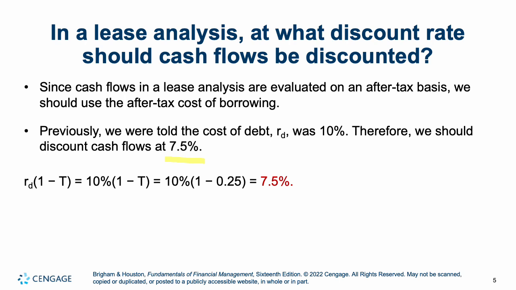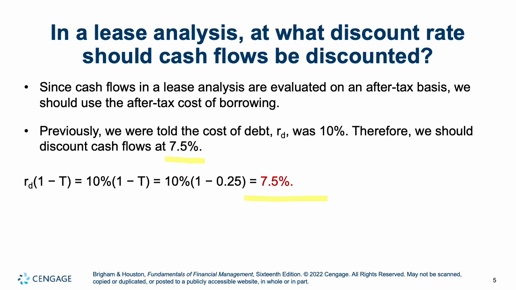We are simply multiplying our cost of debt by 1 minus the tax rate, and we get 7.5%. Because we can write off our lease payments just like we can write off bond payments and things like that. Debt is tax deductible. So our effective cost of debt when we're looking at a lease is the cost of debt times 1 minus our tax rate, 7.5% here.